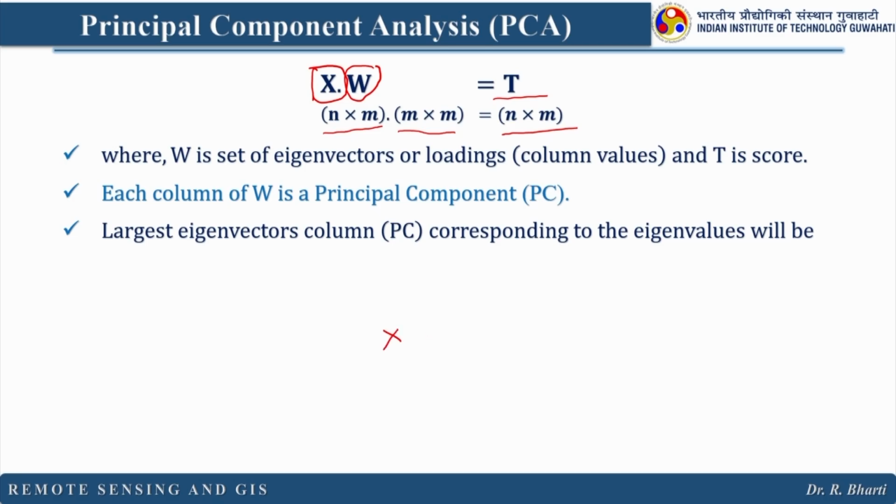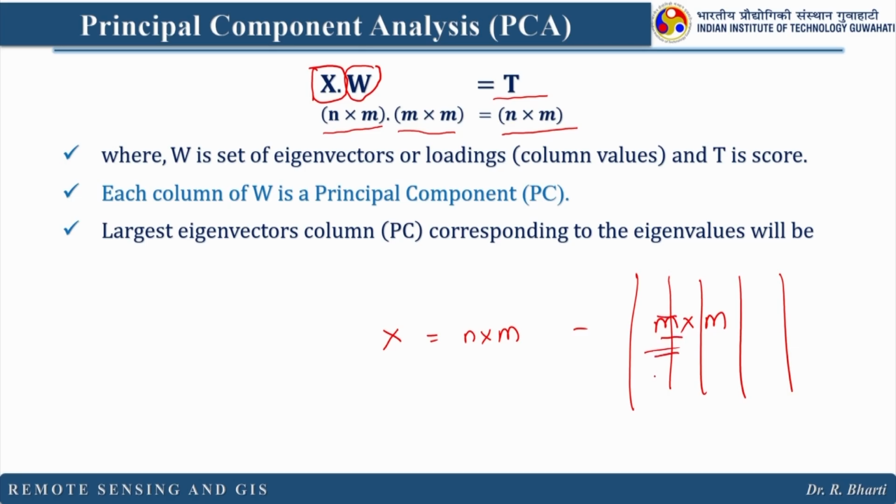X is basically, let us say, n into m, and W is m into m. Then each column is basically your principal component, that I will show you. So the column corresponding to the largest eigenvalue will be PC1.